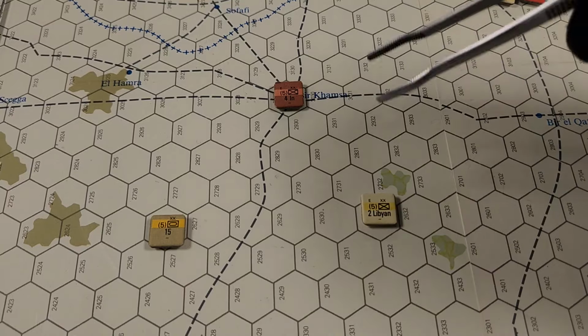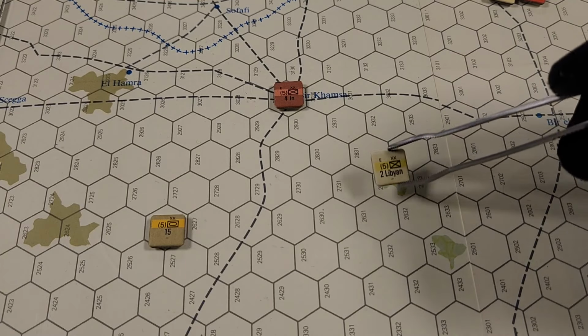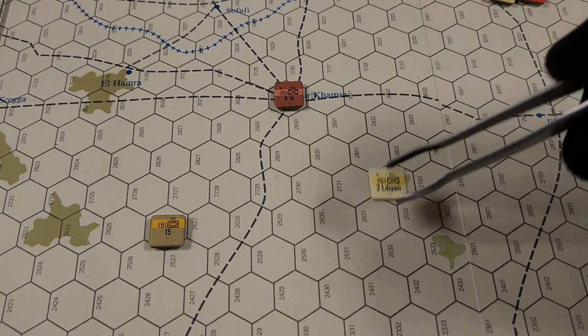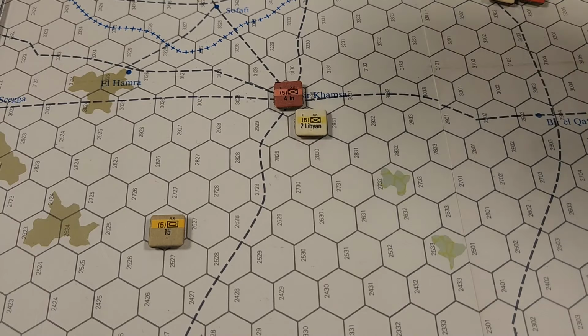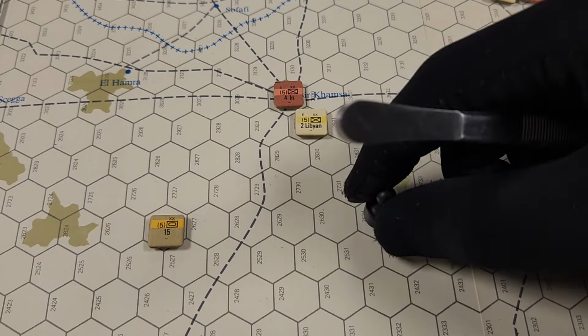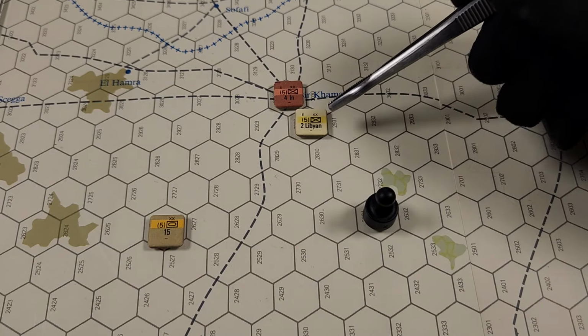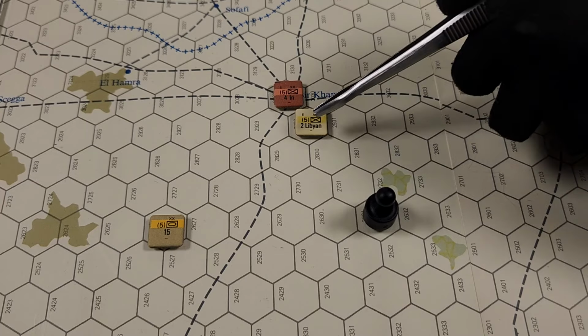All right. I'm going to use breakdown in this. So I have to remember what hex I left from. So that's the 2631. So it's 2, 4, 6. Everybody is leg. So what did I say? 2631. So 2, 4, 6. Breakdown cost is 4, 8, 12.